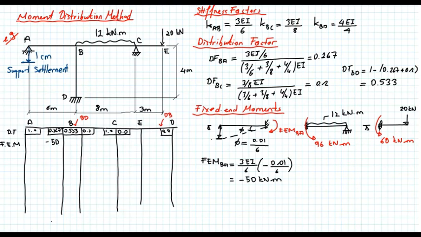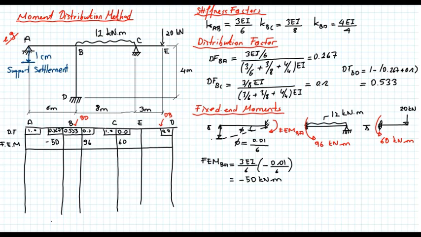I don't have any loading on BD. The fixed end moment BC is 96. So let's put it here. And at the end of the cantilever, I got 60. So let's show it right here. So this is the case when there is no deformation.